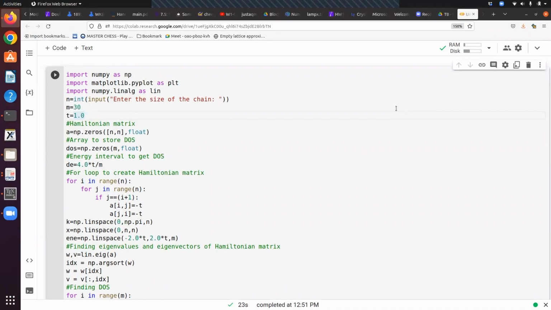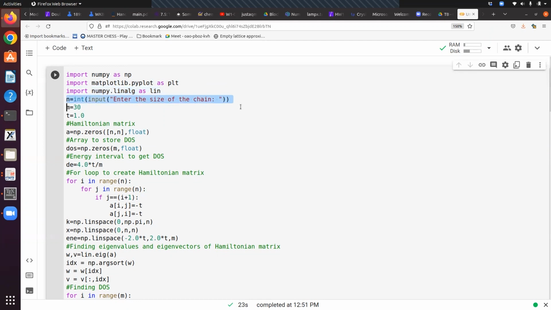This is the Python code to get the energy eigenvalues and energy eigenvectors of a 1D lattice. You are already familiar with NumPy and Matplotlib library. I have added one new library for the linear algebra calculation. This is going to be used for calculating the energy eigenvalues and energy eigenfunctions.